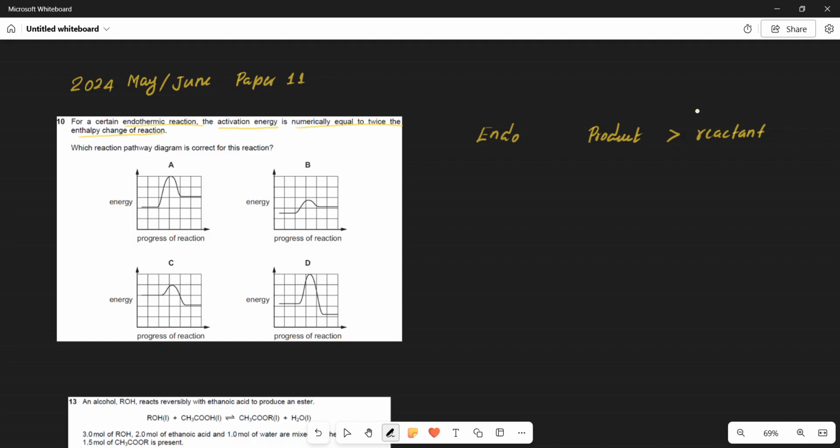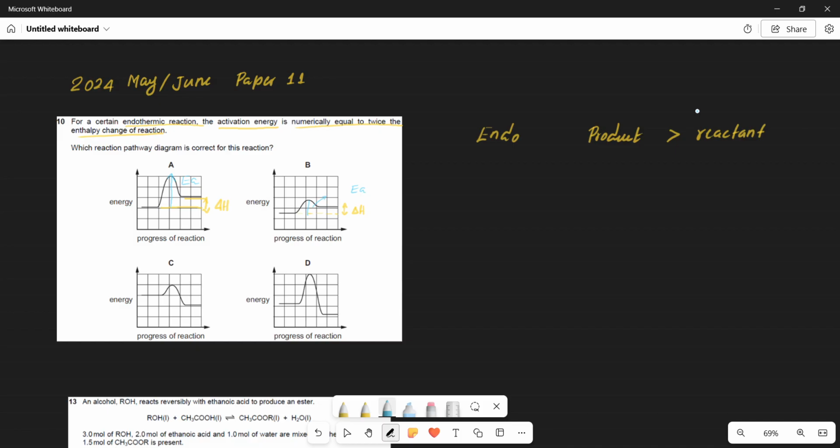Whenever you have a difference between the energies of the reactant and the product, this is the enthalpy change, delta H. So here also I am having delta H. And whenever I consider the energy of activation, EA, that is from the reactant to the hump, this is EA. And this is EA.